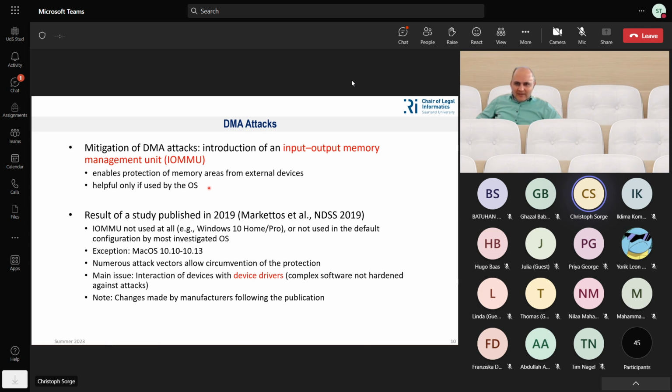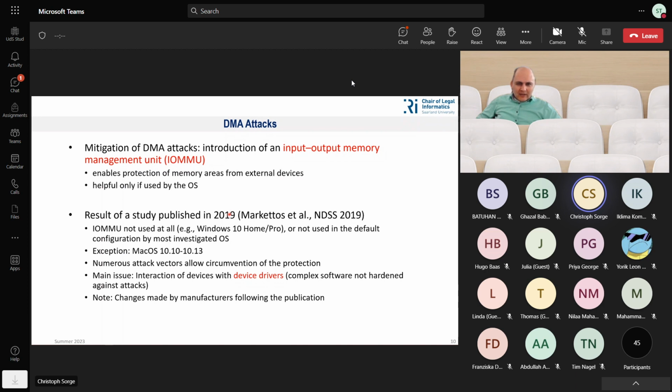Now, a couple of years ago, a study was published in NDSS, which is one of the most prestigious security conferences. And it revealed that the IOMMU was not used at all by some operating systems, and other operating systems they investigated were able to use the IOMMU, but were not by default configured to do so.